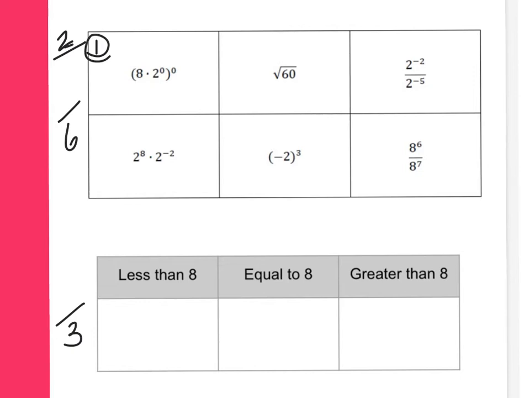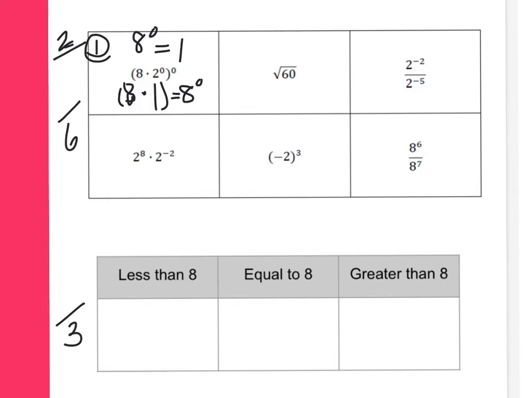8 times 2 to the 0 power. So that is 8 times 2 to the 0 power, which is 1. 8 times 1 is 8, and 8 to the 0 power is equal to 1. So which bin does that go in? Well, 1 is less than 8. So I'm going to go ahead and write problem number 1 there.